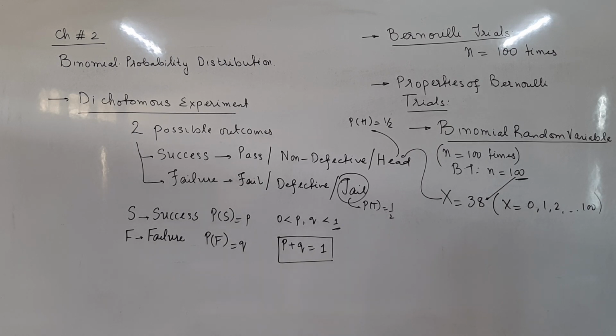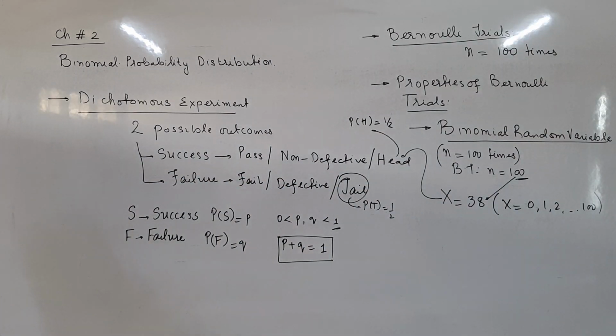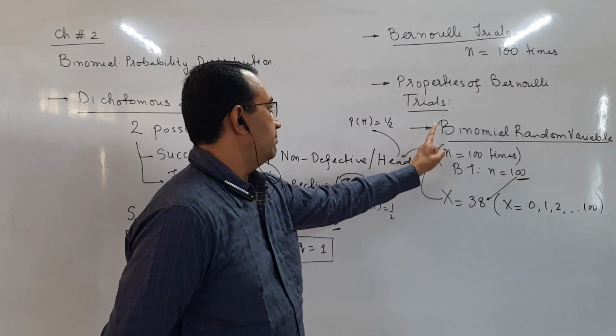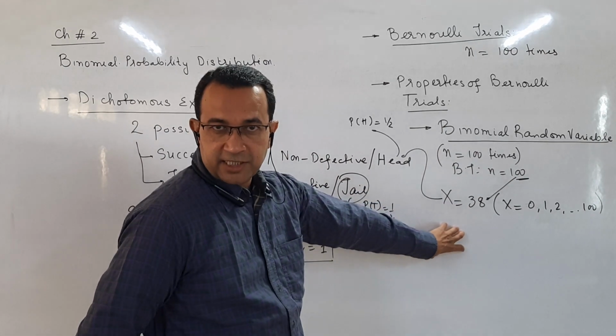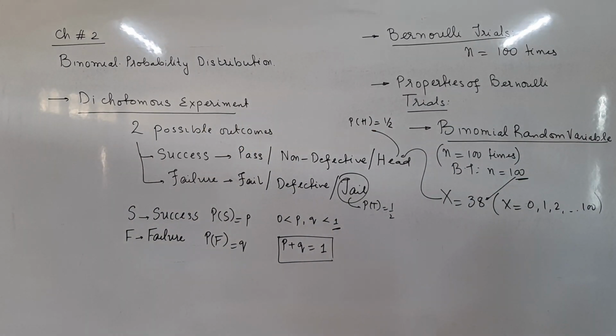In general, suppose a dichotomous random experiment is repeated n times under identical conditions. The variable x denoting the number of successes in n Bernoulli trials is called a binomial random variable, and x is definitely a discrete random variable because, students, x can assume only a finite or countable number of values.